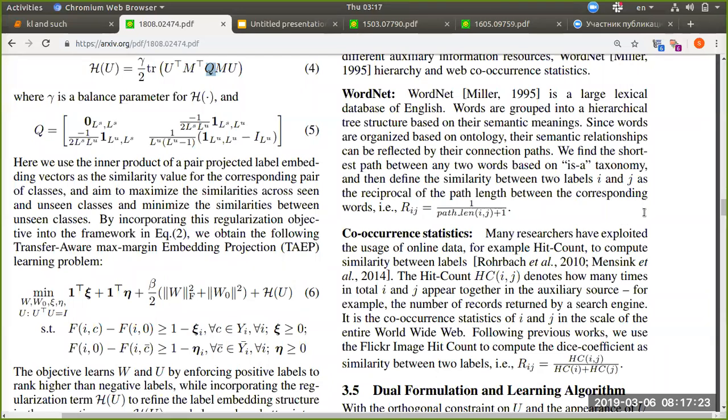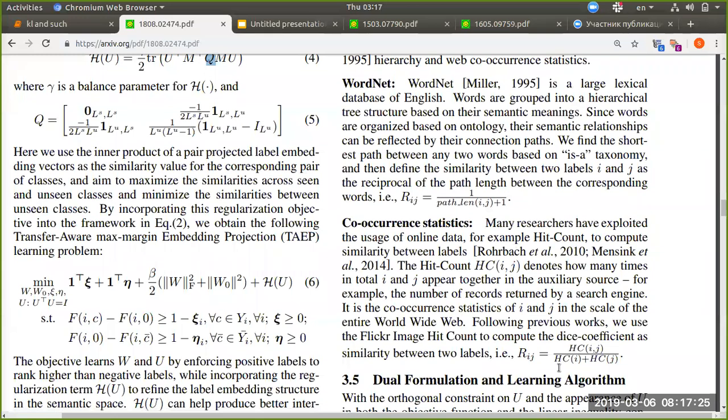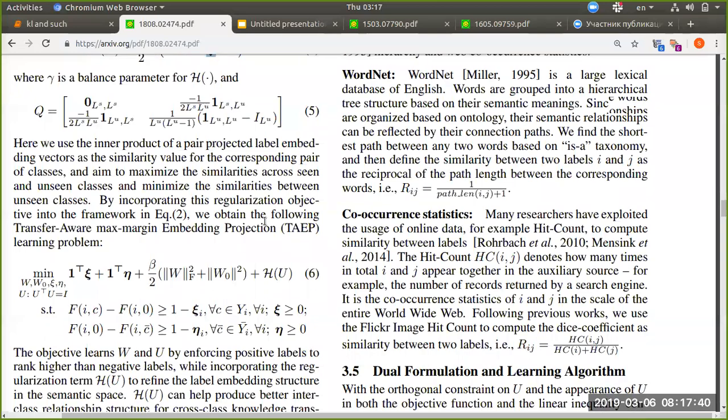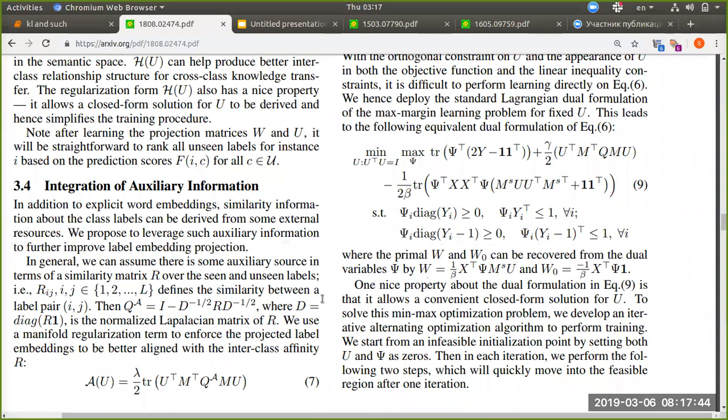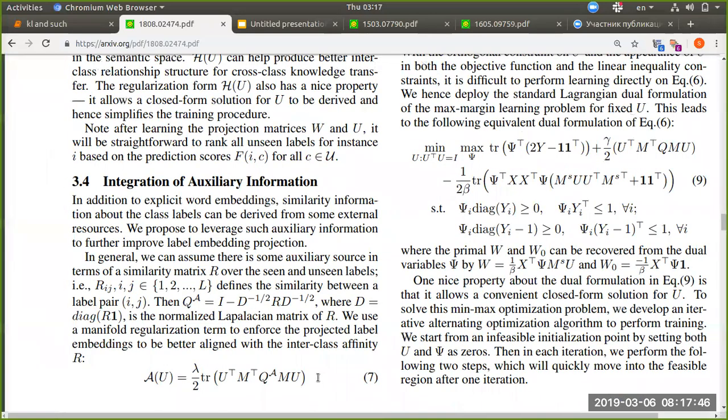And for co-occurrence statistics, it will be the amount of times words occur together versus the amount of times they occur by themselves. And then, using this matrix of all the possible combinations of labels, they would make a Laplacian out of it, my bad, not Lagrangian.